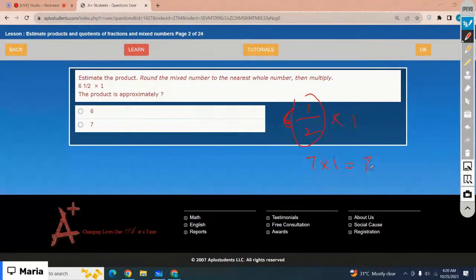So 7 times 1 is 7. Yes, the correct option is 7.